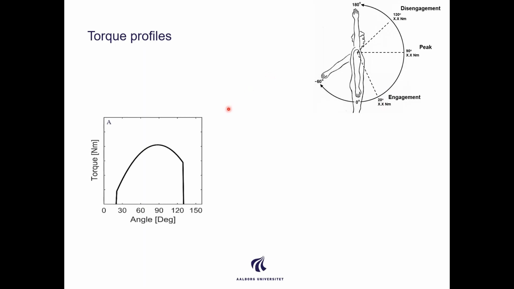So what we did then was that we recreated this torque profile in Python and implemented it into AnyBody so that we could provide a torque that was engaging at 20 degrees and disengaging at 130. For this particular example, with a torque amplitude, I don't know if this is 2 or 3, but this could be one of the profiles.